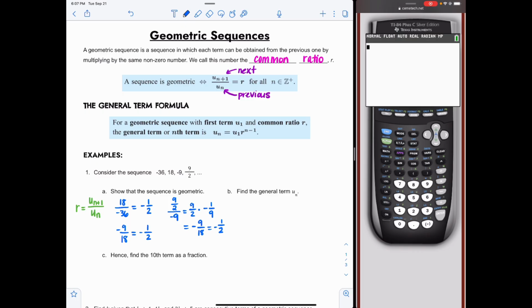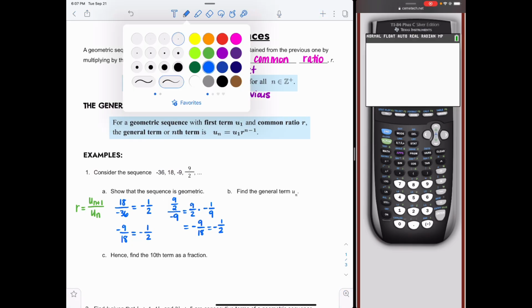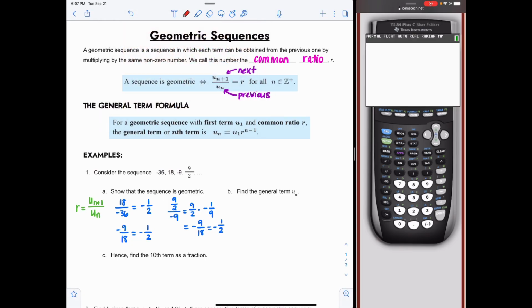So I divided my consecutive numbers, and I see that all of them simplify to negative 1/2, which means that my common ratio, or my r, is equal to negative 1/2.